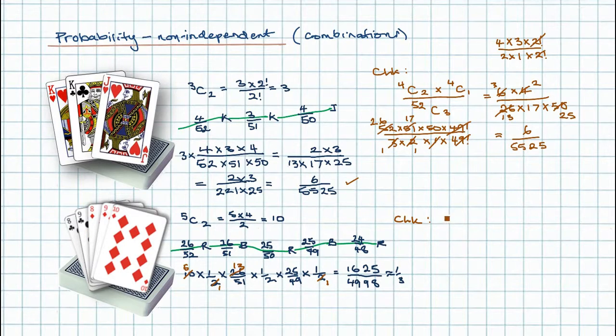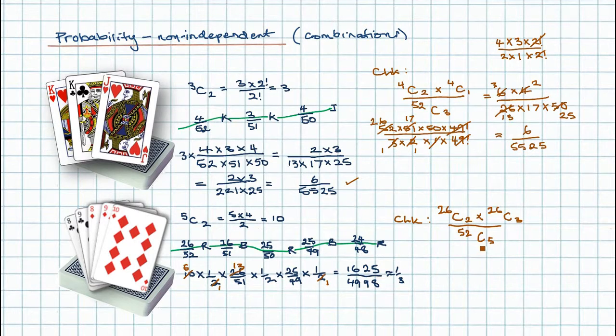So we're going to have 26 choose 2, and that's combined with, so multiplying across, 3 reds, so 26 again, 26 reds in a pack, so 26 choose 3. Out of the total number of combinations, well, that's going to be 52 choose 5.